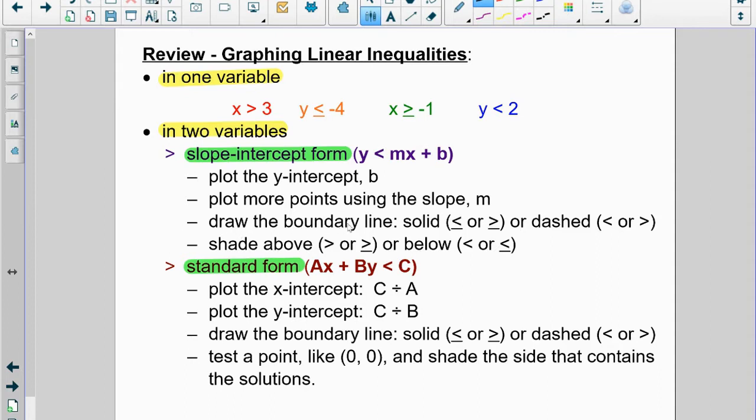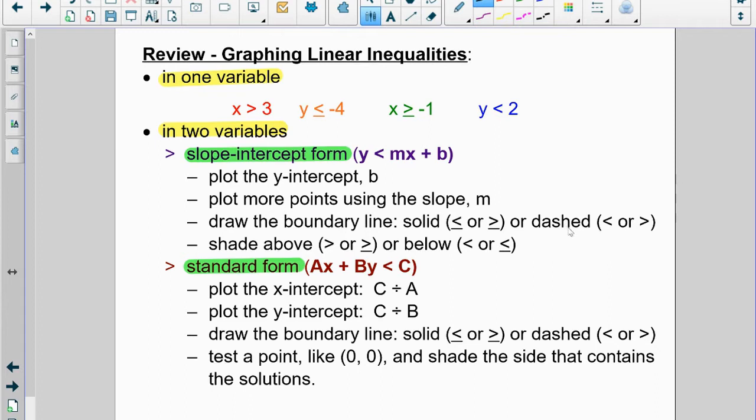Now, for the boundary line, there are always going to be two different types of boundary lines, whether you're graphing linear inequalities in one variable, in two variables in slope-intercept form, or two variables in standard form. So you're always going to draw a solid boundary line if you have the little equal to bar underneath it, because a solid line represents that the entire line contains solutions.